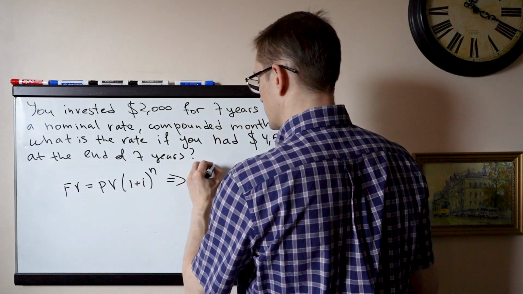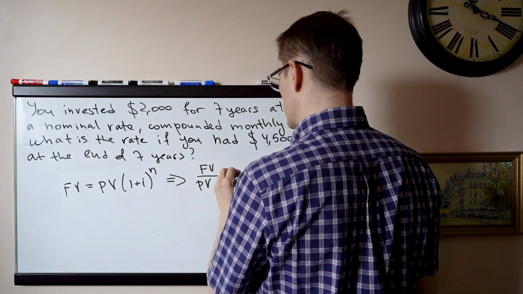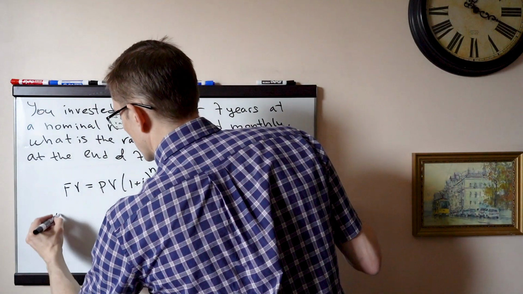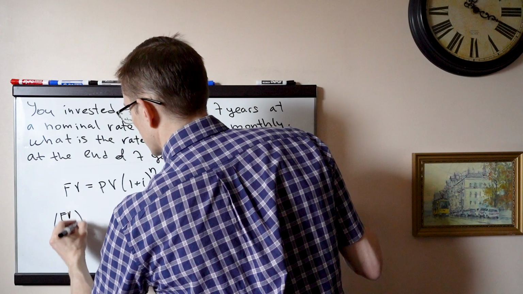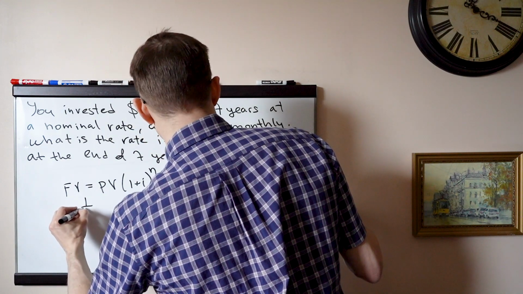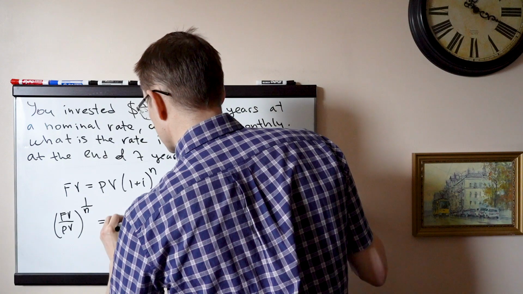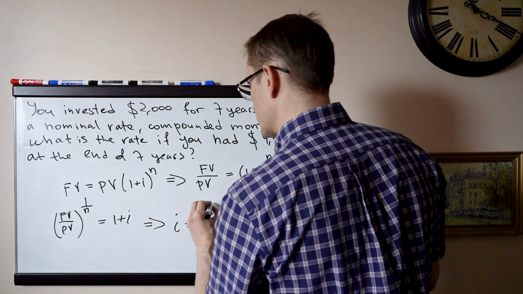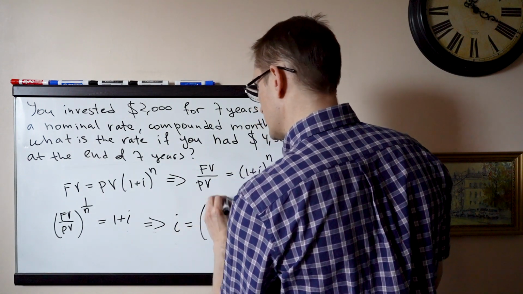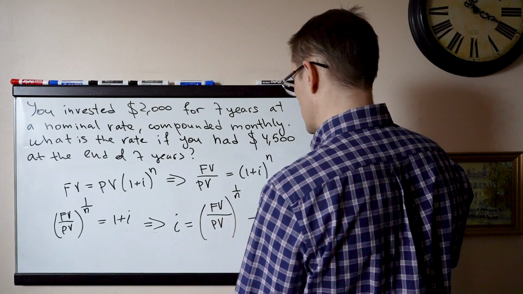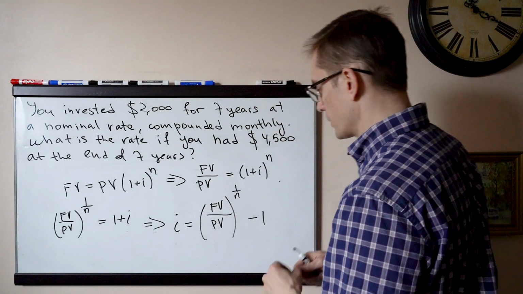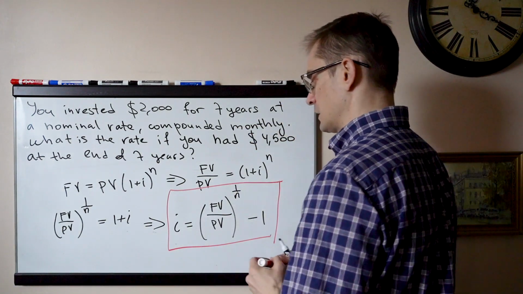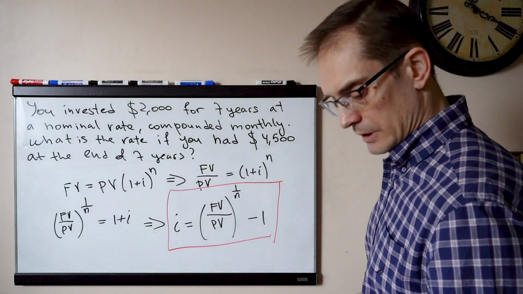From here, future value divided by present value is (1 plus I) to the n. Raising to the exponent 1 over n gives 1 plus I. And from here, I is (future value divided by present value) to the power 1 over n, minus 1. And that's basically the formula that we will be able to use to find I.